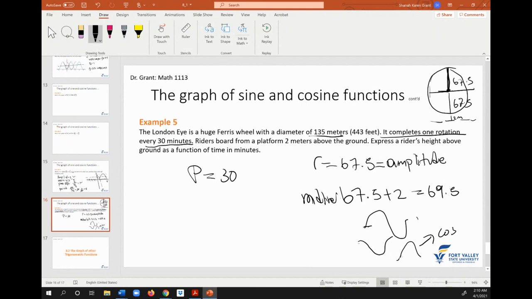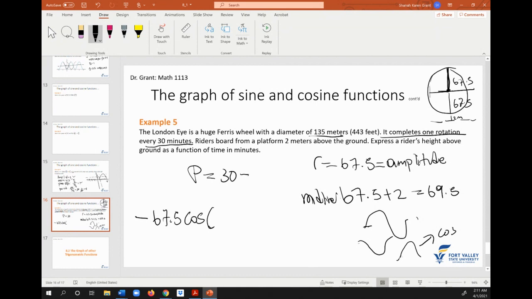This looks more fitting. So it's going to be negative A, we said our amplitude was 67.5. Negative 67.5 cosine. All right, so now our period is 30.